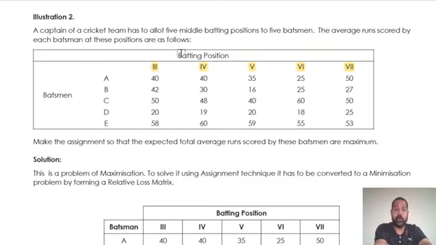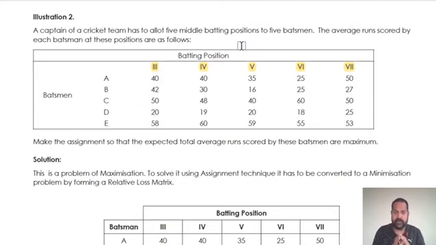The average run scored by a batsman at this position is given below. Stop. My question to you is, if you are sending a batsman at a certain place, what will you check? Will you check at what position the batsman makes very good runs, or very few runs?